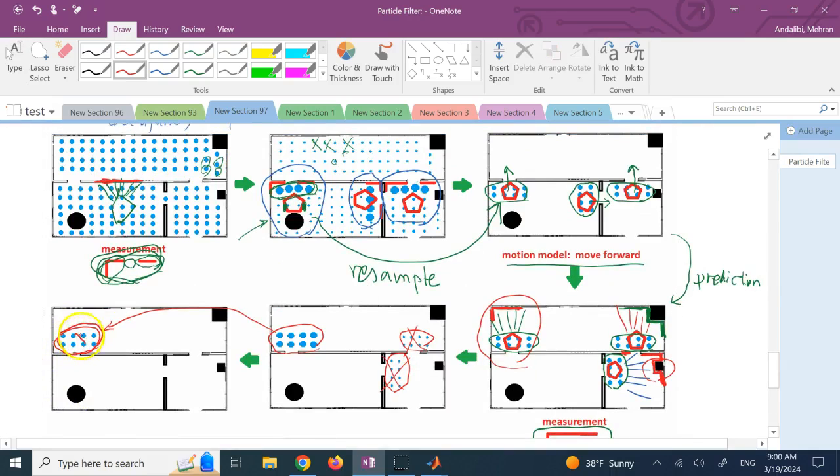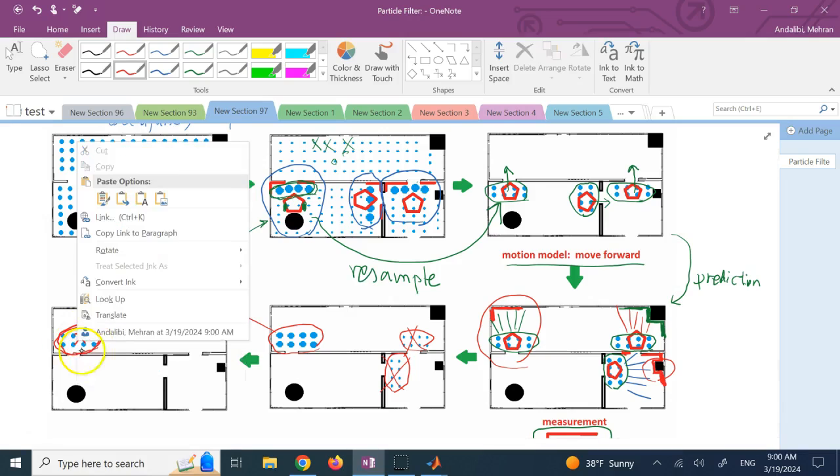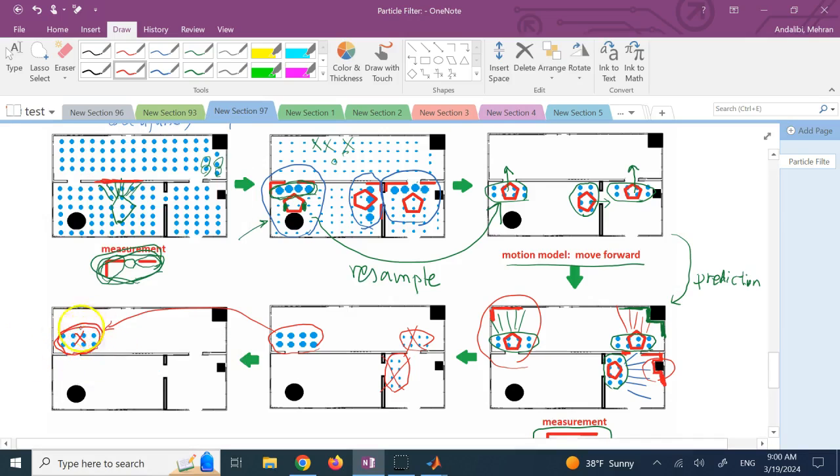And if I look at their centroid, maybe here is where I think my robot is. And if I fit a small Gaussian or something, or if I get their sigma, now I can have some probability as well, some distribution, or you might call it some variance.